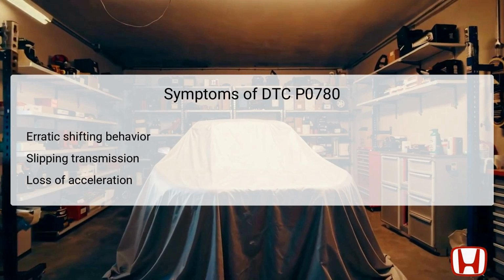As a result, there may be noticeable loss of acceleration, making it difficult for the vehicle to respond promptly to throttle input. Warning lights may also illuminate on the dashboard, prompting drivers to investigate transmission issues. If these symptoms arise, it is imperative to carry out a comprehensive troubleshooting approach to diagnose and rectify the underlying problems promptly.